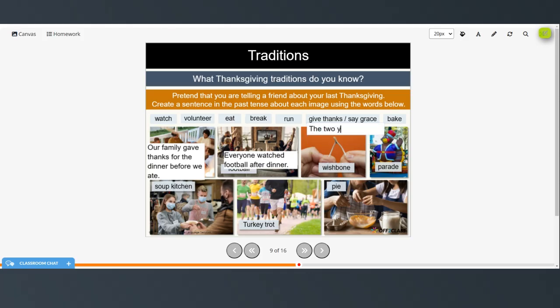The two youngest children always, or not always, the two youngest children broke the wishbone as part of the Thanksgiving tradition.